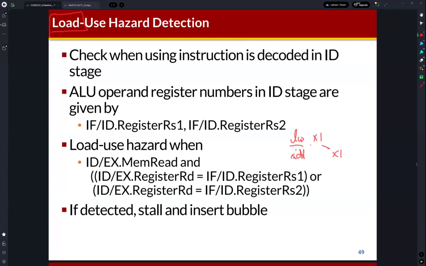In this case, the load word generates data in data memory, right? Then the add instruction requires data in the EX stage, which means the add instruction needs to be stalled. Stall means the add instruction cannot be executed in the EX stage.